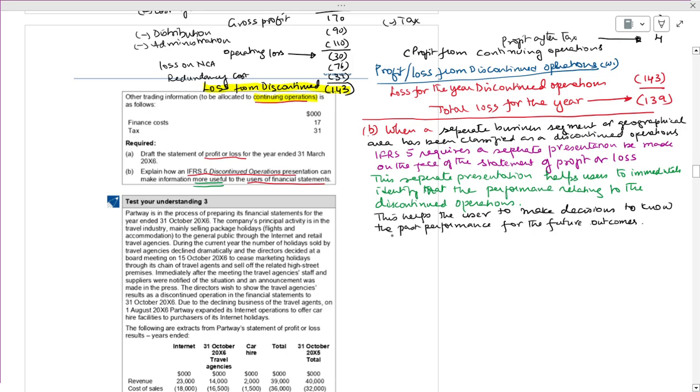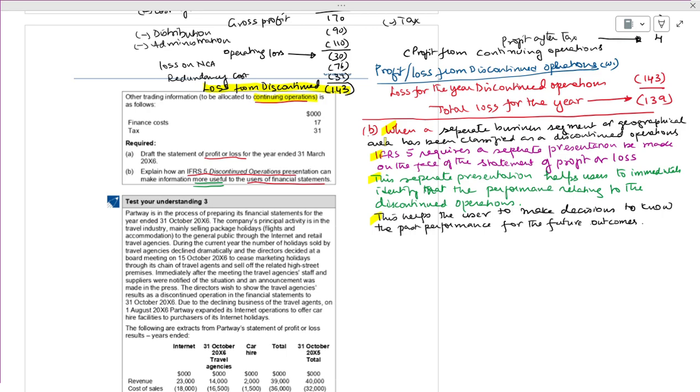How many points have we written? One point, two points, three points, four points. You can add something more, it's up to you, but you have to follow it like this.